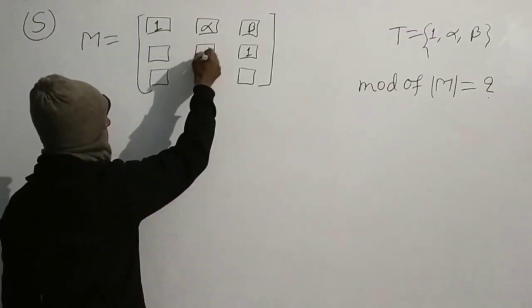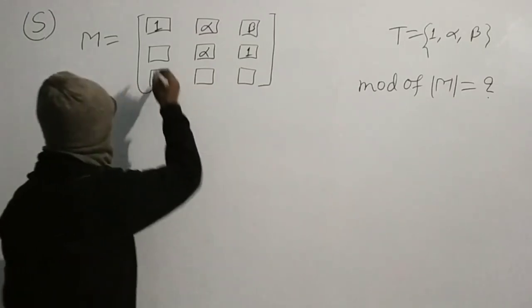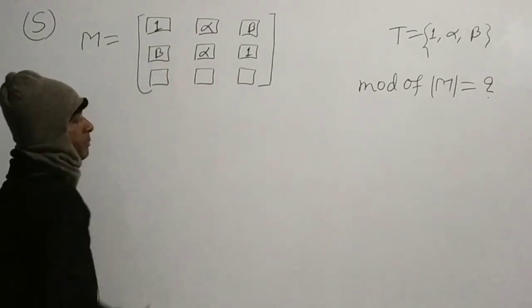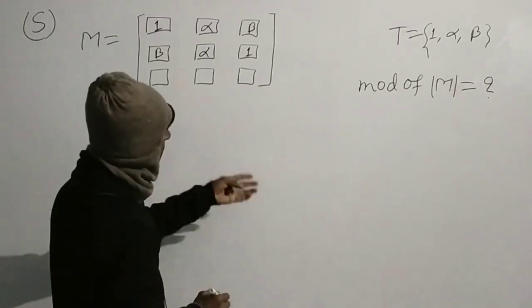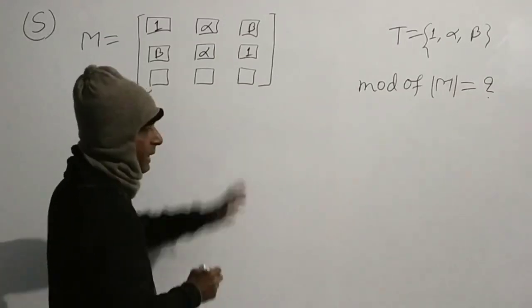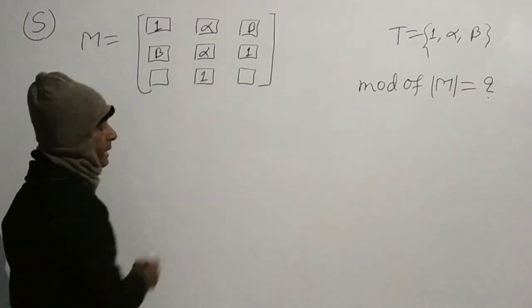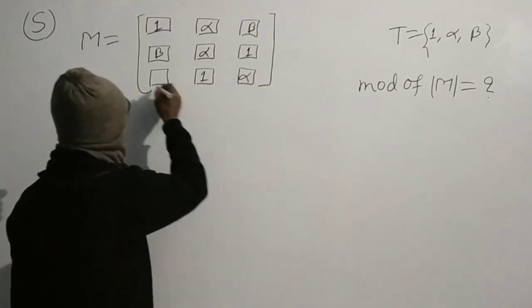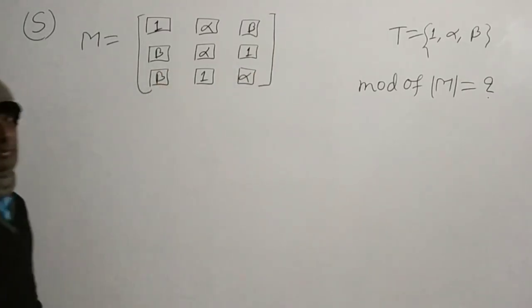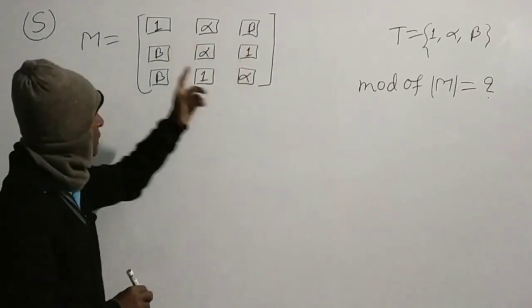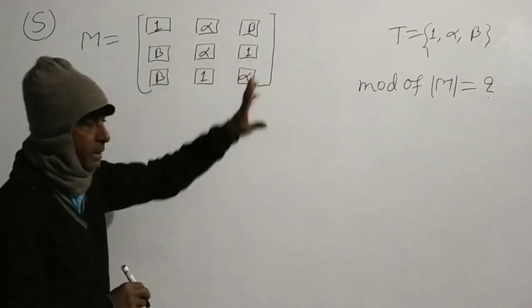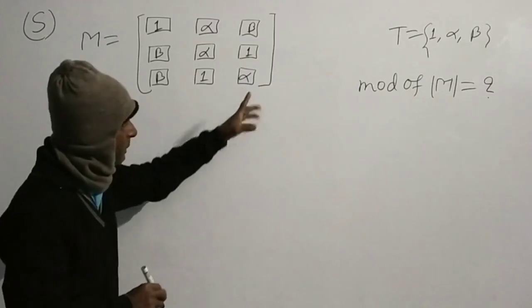Suppose we write alpha here and beta here. Again, we can write 1 at any place. Suppose we write 1 here, alpha here, beta here. Then the conditions are 1 plus alpha plus beta is 0, beta plus alpha plus 1 is 0, beta plus 1 plus alpha is equal to 0.